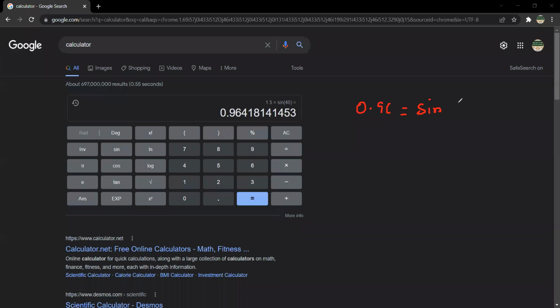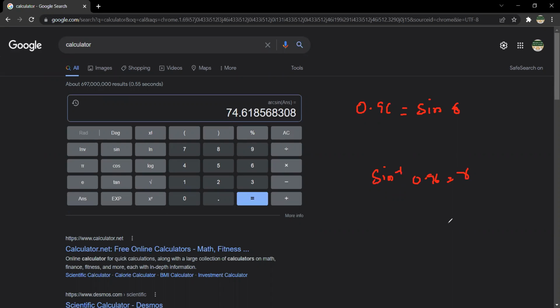But we need R here. If we need R, sine will move to the other side, so this will become sine inverse 0.96 equal to R. So shift, then sine inverse. The answer is equal to 74.6.